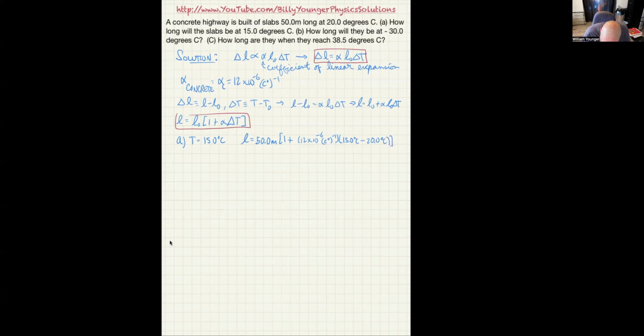And again, remember, when we do a subtraction between two temperatures, we normally, as a note-keeping method, write that as Celsius degrees instead of degrees Celsius.